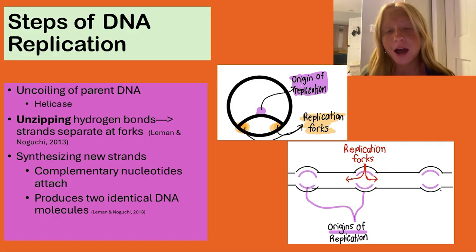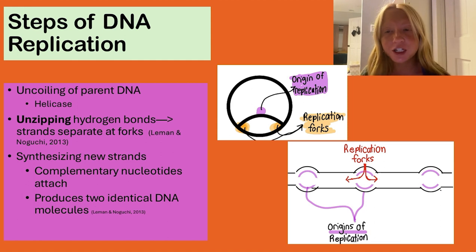And the hydrogen bonds will begin to separate, and it's like the helix is unzipped. And DNA polymerase 3, this is an enzyme, and it is part of this process, so it needs a primer to begin the process, and it only builds in the 5 to 3 direction. So we're going to go into this a little bit next and how it plays a role.